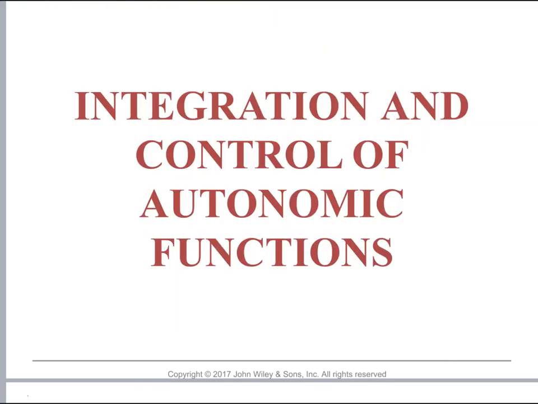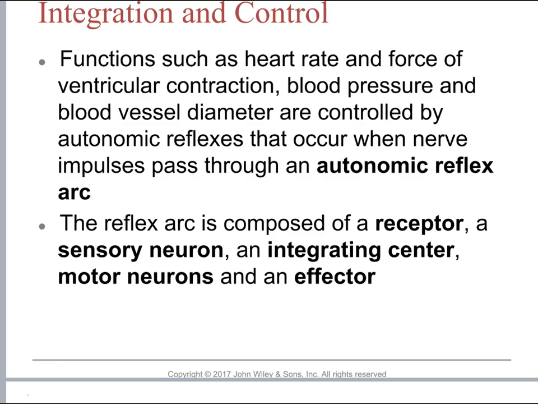The next and final step of the autonomic nervous system is examining the integration and control of autonomic functions. Functions such as heart rate and force of ventricular contraction, blood pressure, and blood vessel diameter are controlled by autonomic reflexes that occur when nerve impulses pass through an autonomic reflex arc.